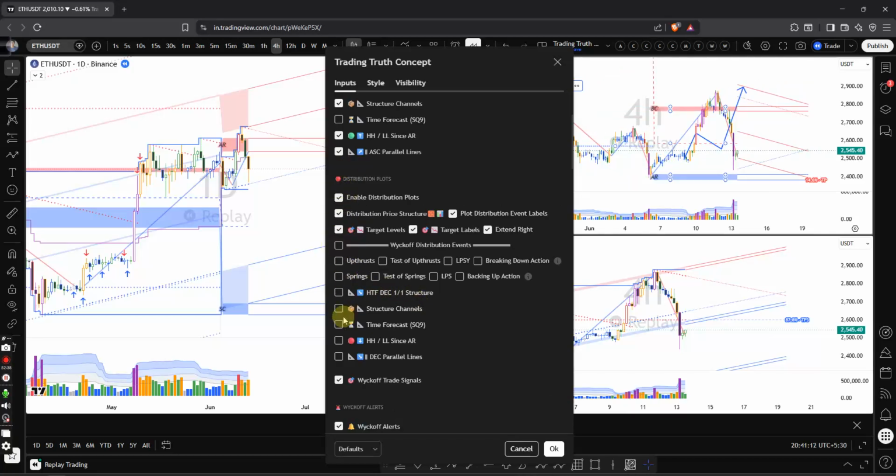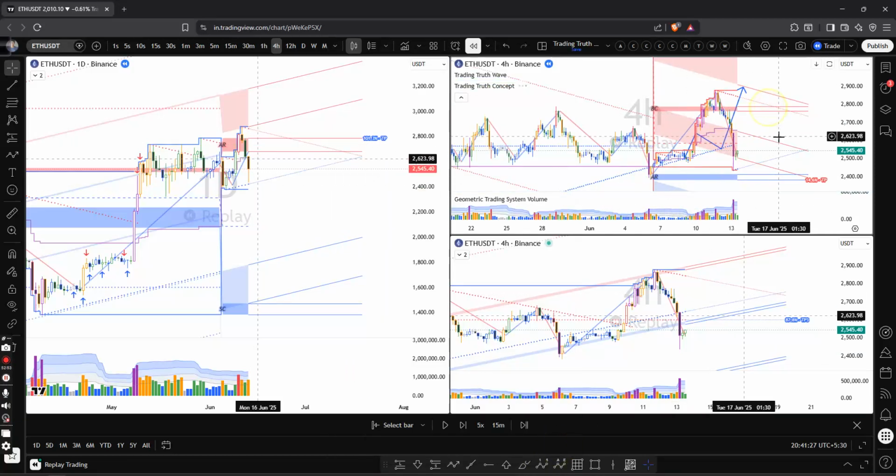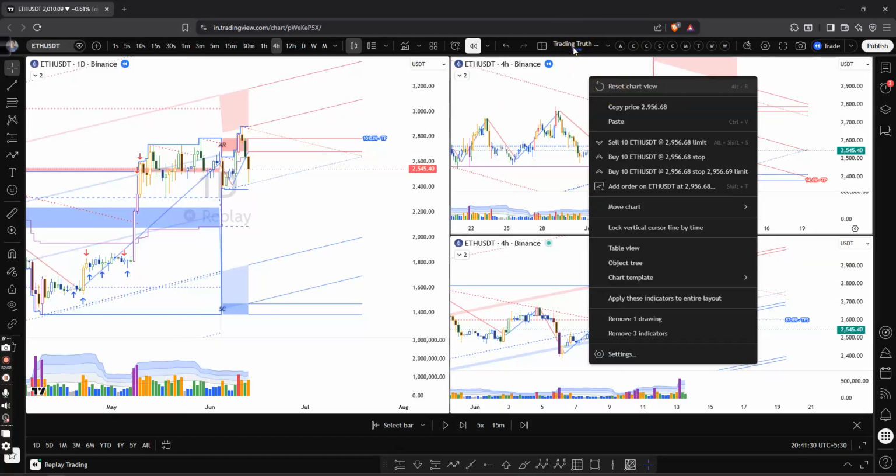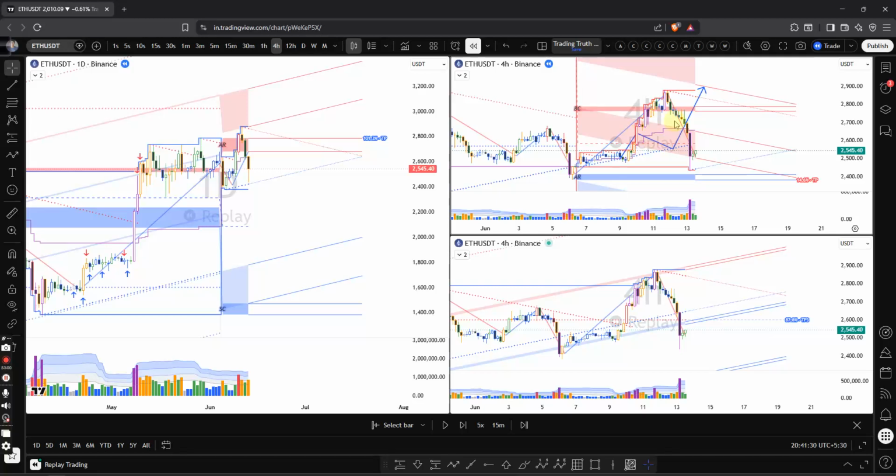And then check all these for this. This you already know. You see, this is for distribution, resistance there came down, and this is for accumulation. So I'll just hit play and we'll see.